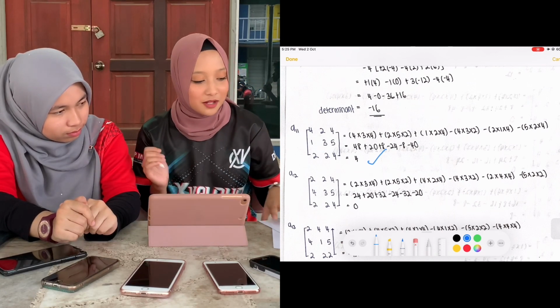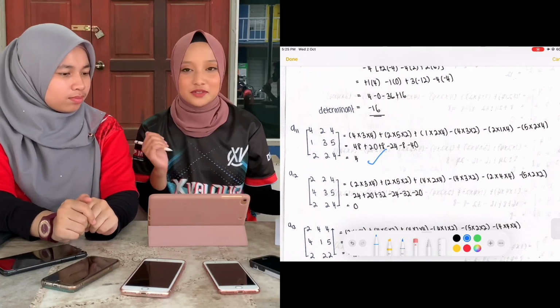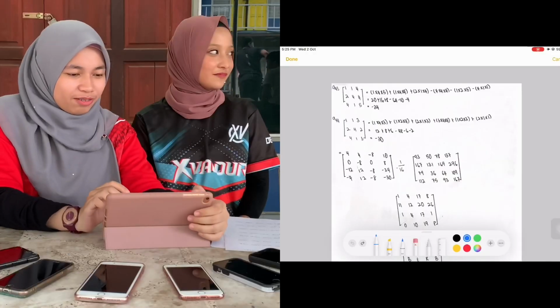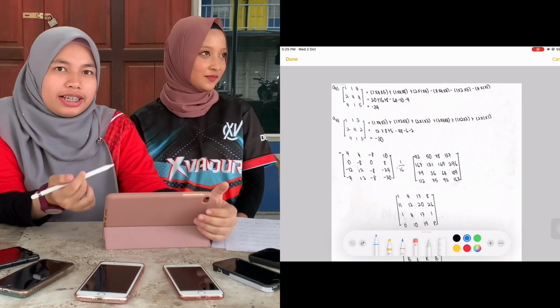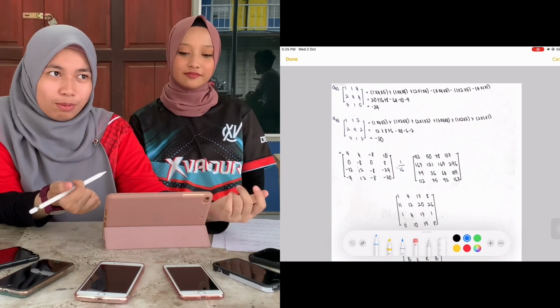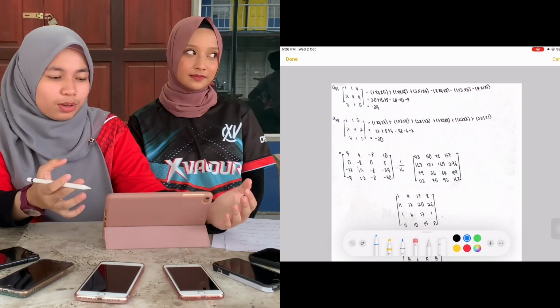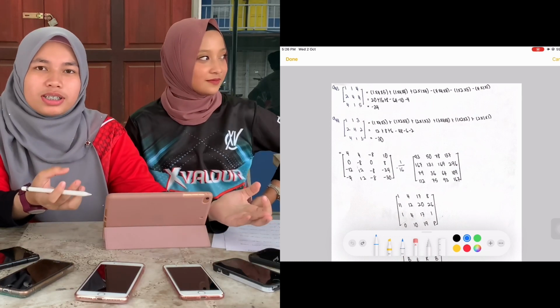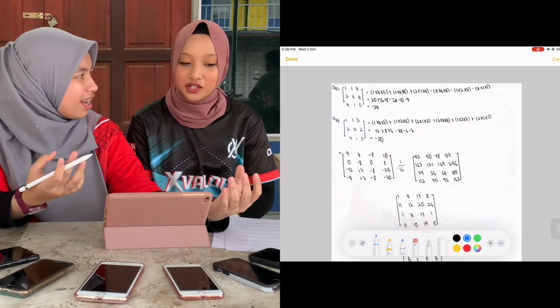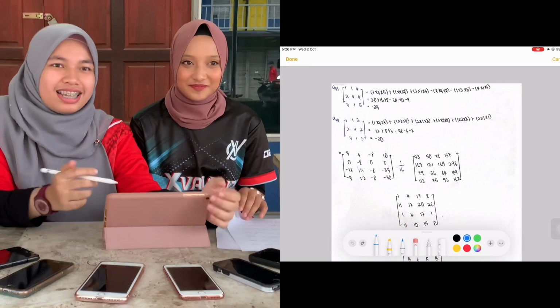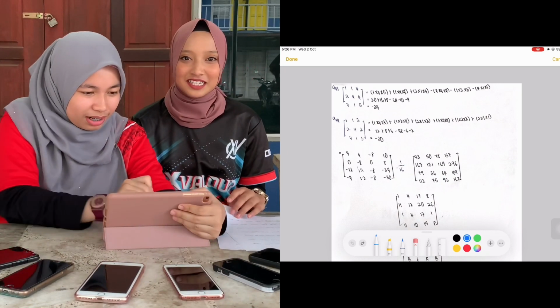So I'll pass it to Farisha to explain. To continue what Dina said earlier, she has found all the A11 until A44. Now, we are going to get to the main purpose of the question. We have to decrypt the message for Busa.